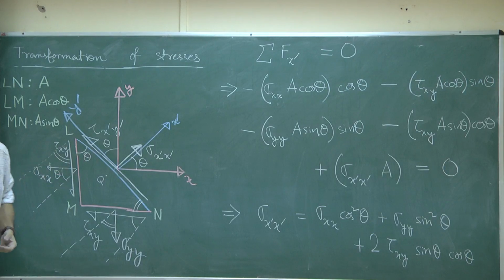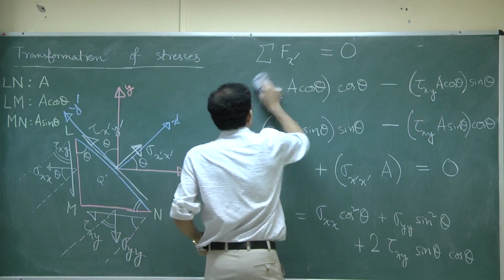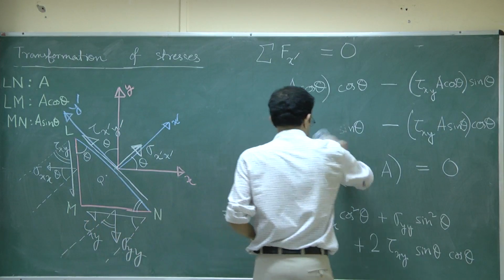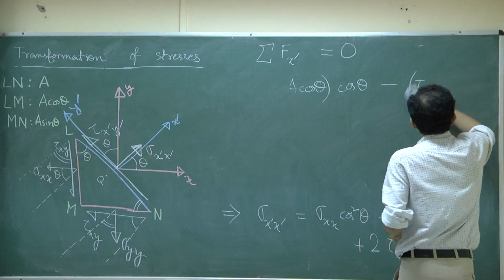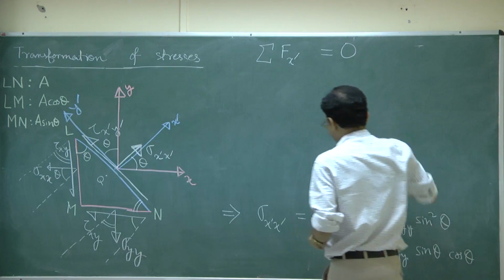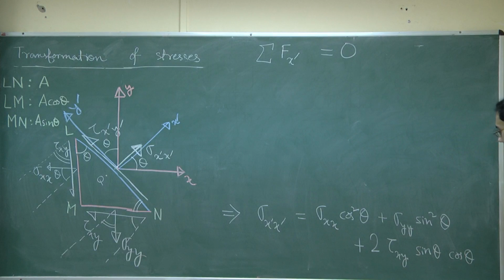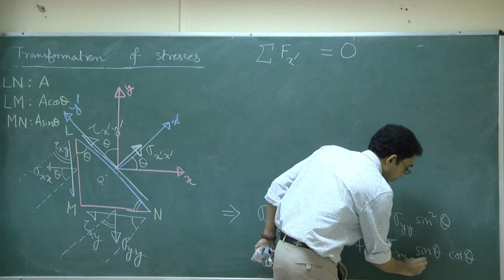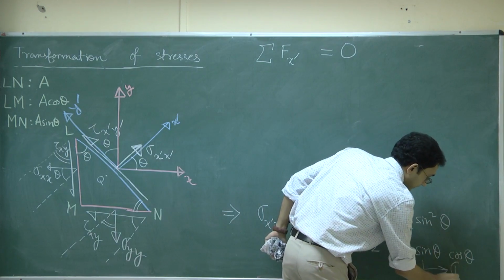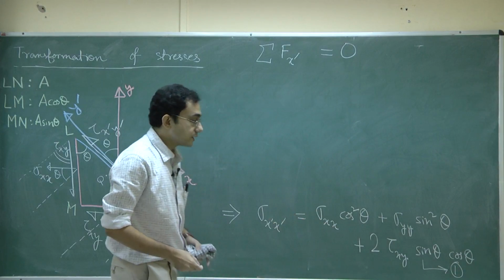So let us check that. People who are watching this and following along by taking notes, I would urge you to number this equation as equation 1. We will refer back to this equation 1 later.